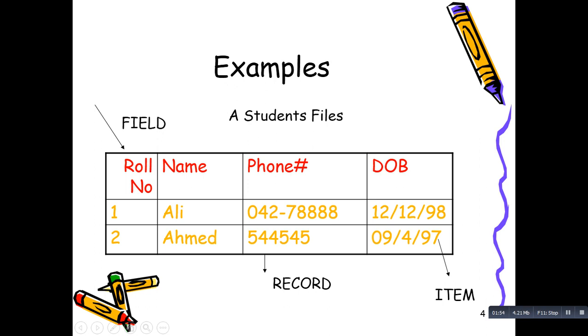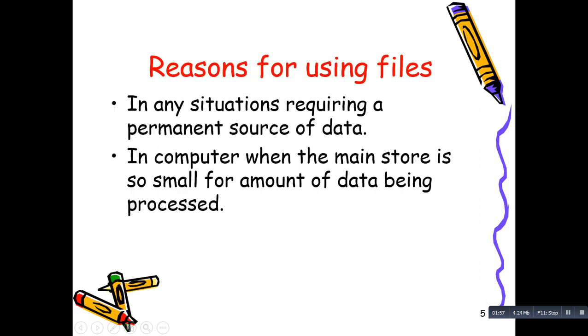Okay. Now, the reason for using files is in any situation requiring a permanent source of data, and in a computer when the main store is too small for the amount of data being processed. Key field.